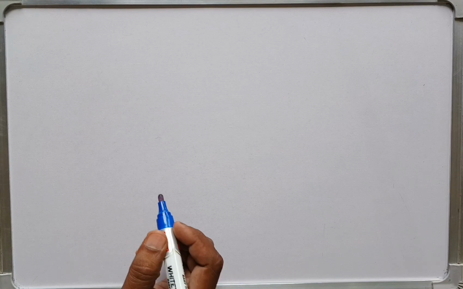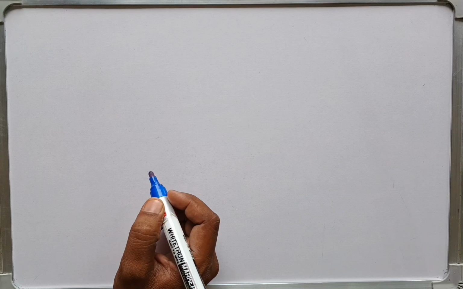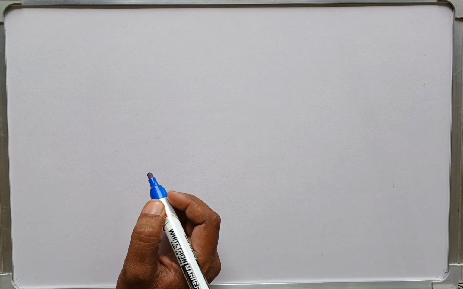And last, we see the meaning of collinear points and how to check whether given points are collinear or not.